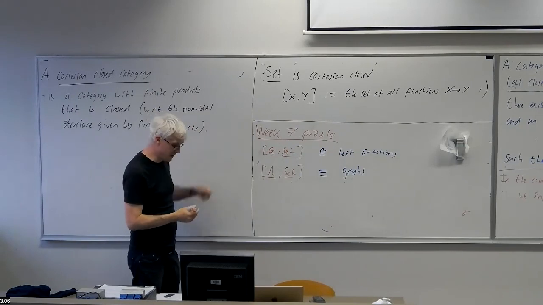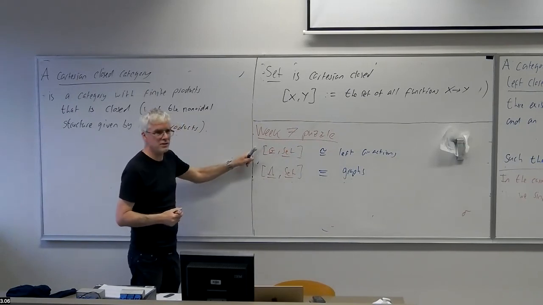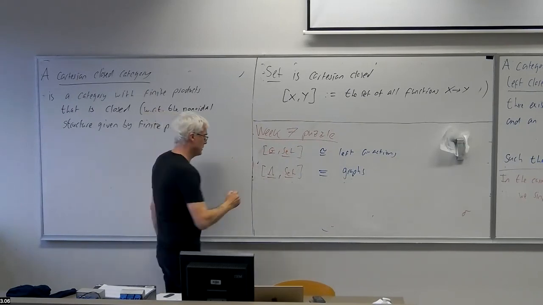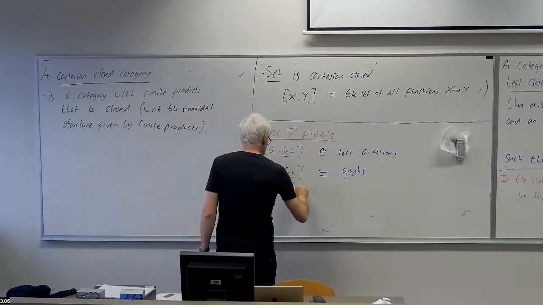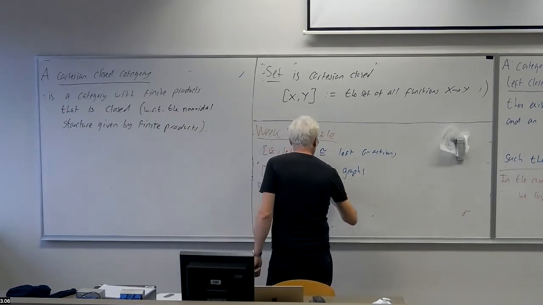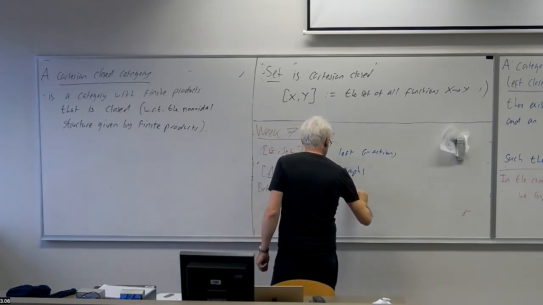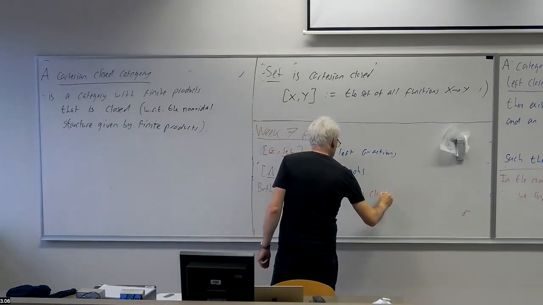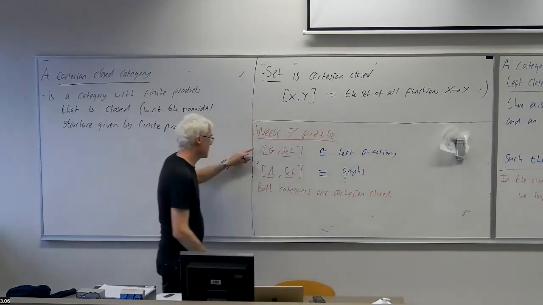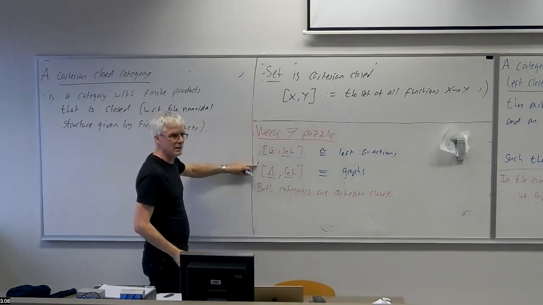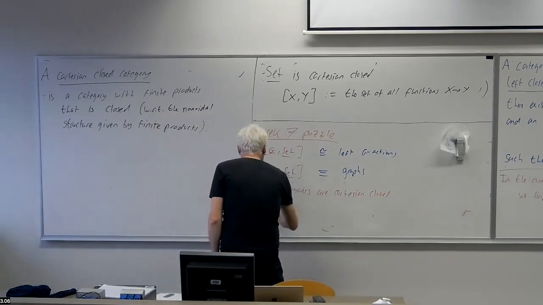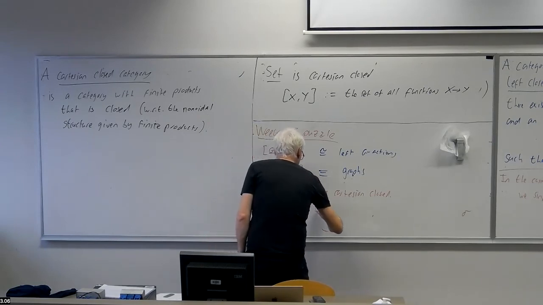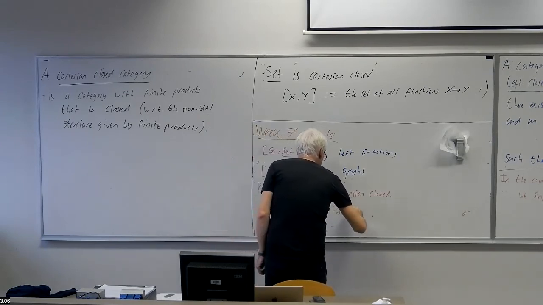So the puzzle is, both these categories are Cartesian closed. I'm telling you that. The question is, calculate the exponential structure explicitly. So work out the structure explicitly.